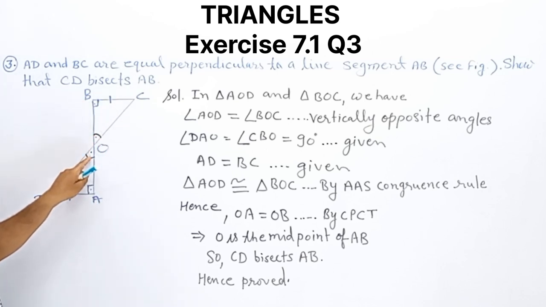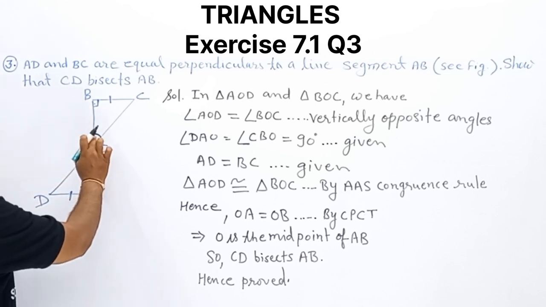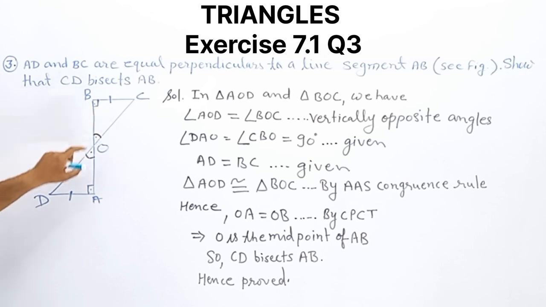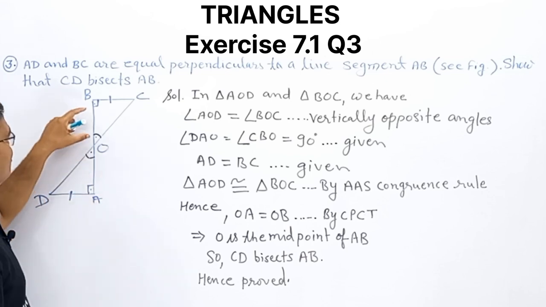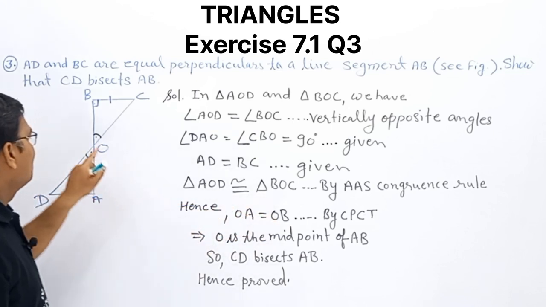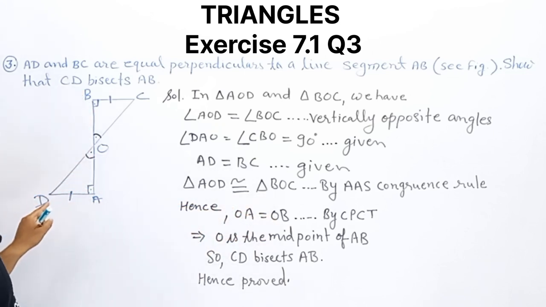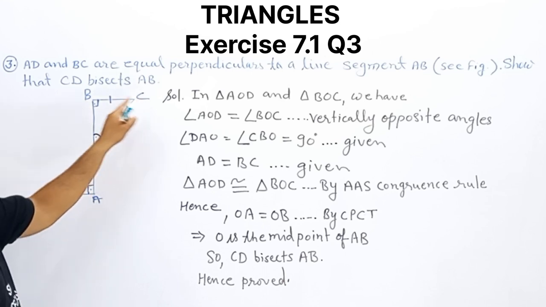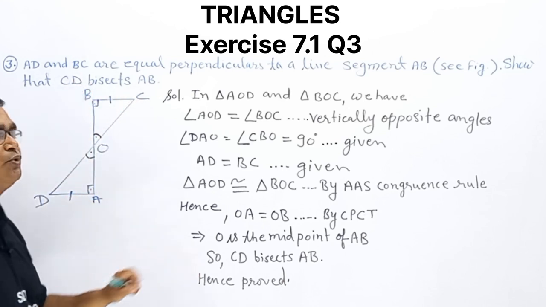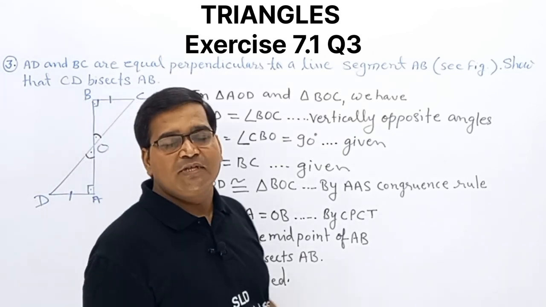So finally by the angle side congruence rule, this triangle is congruent to this one, so corresponding parts are equal. This side equals this one, OA equals OB, so O is the midpoint of AB. So CD bisects AB. We proved this. Simple question.